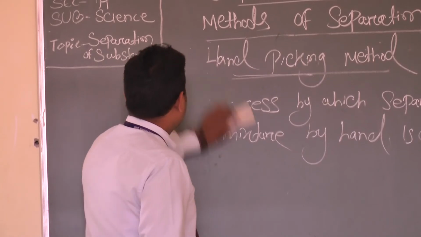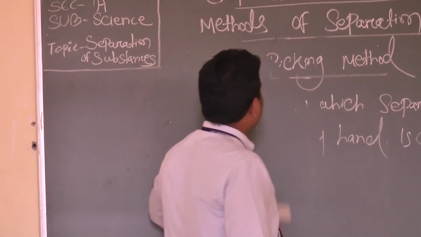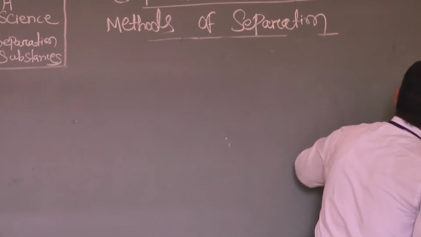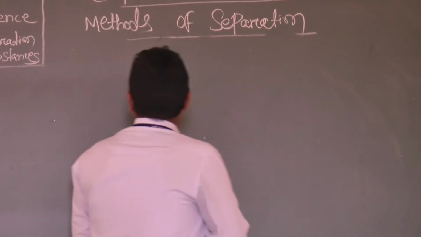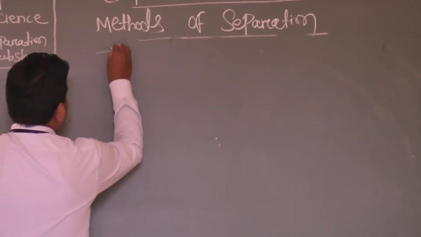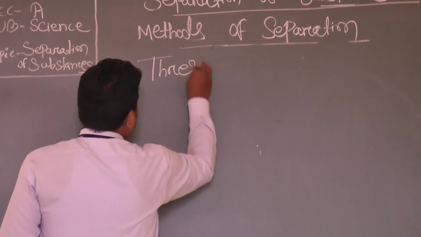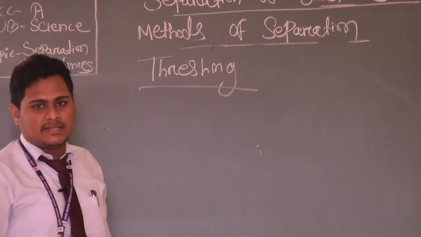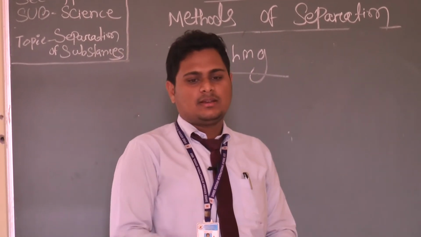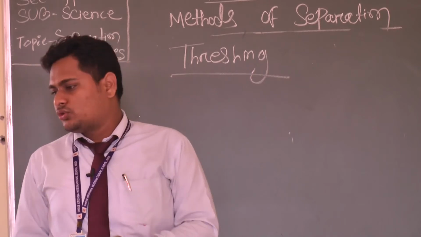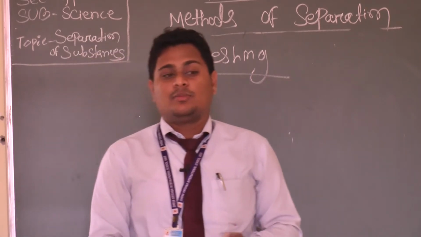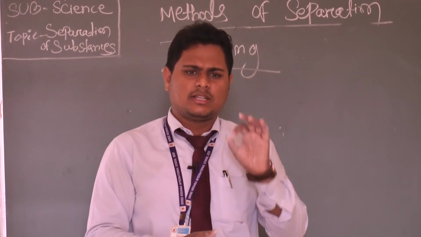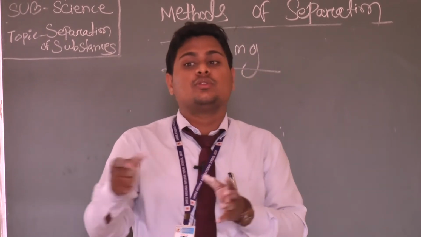Next we will discuss about the process which involved the separation of solid from solid, that is another method, okay, that known as threshing. What is the meaning or what do you mean by threshing? Remember, we are living in town, so that we did not actually know about the threshing, but the students which are coming from the village area, they know what is threshing, but they don't know that process is known as threshing.